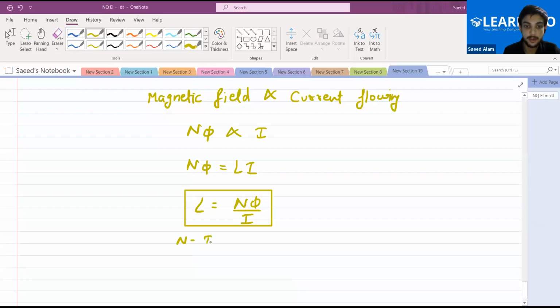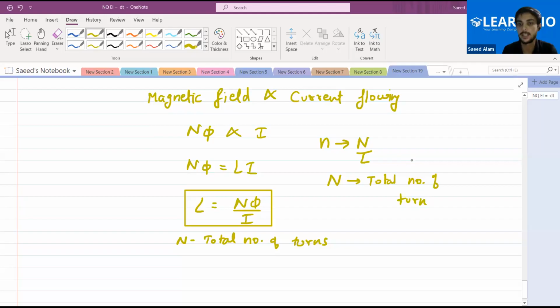N is the total number of turns. Not the number of turns per unit length, but the total number of turns. We had decided in the magnetic field chapter that whenever I write small n, it is the number of turns per unit length, and whenever I write capital N, it is the total number of turns. This is followed at most places, so keep this in mind.